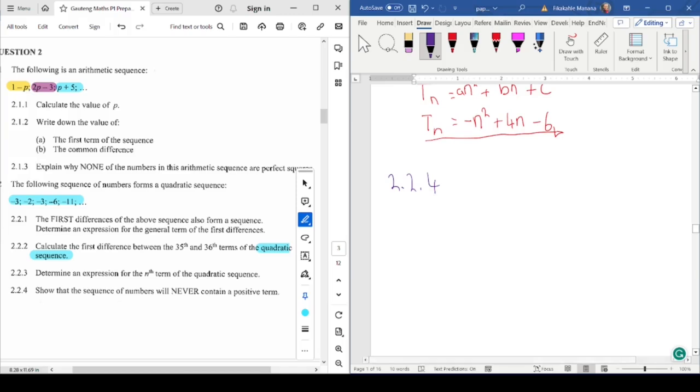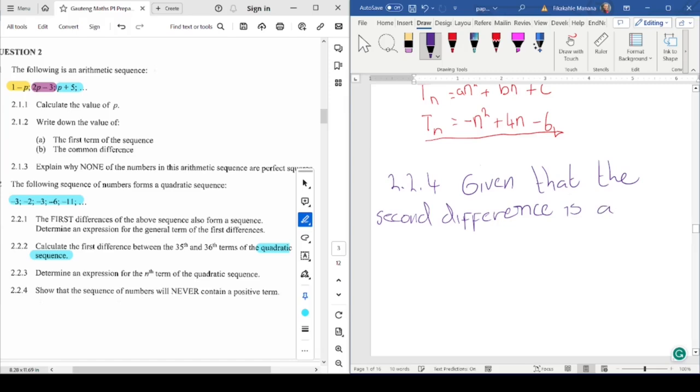So in our reason, there we will say, given that minus 2 is a negative number, let me write that. Given that the second difference is a negative number, that is negative 2.